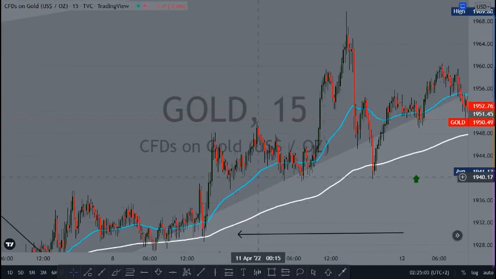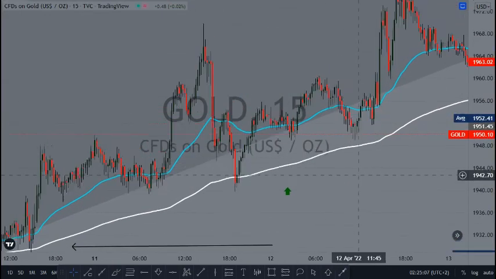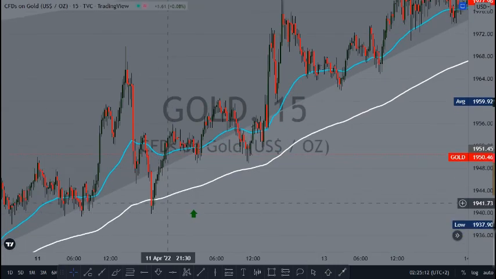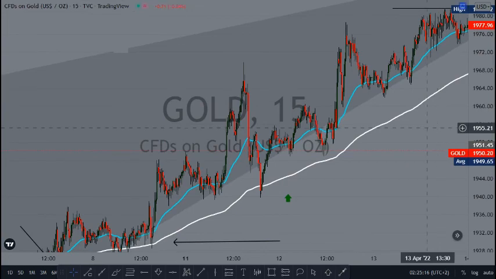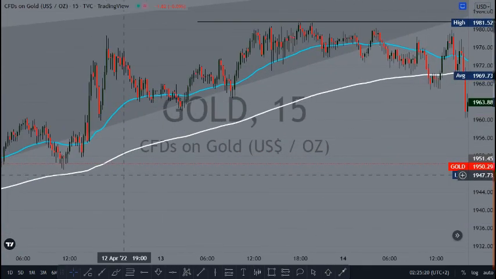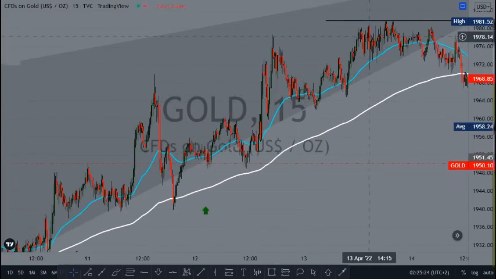This was a very massive move, and then the market came back to the 200, and then the market shot right back up. So you can see it's kind of like a swing trade. You can hold it for a longer period of time. Then the market came back again near the 200 and shot back up again.